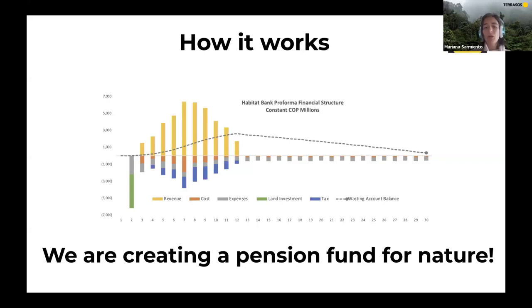In other words, it works very similar to your pension fund, right? So we all go to work, we get paid, and a percentage of our wage goes to our pension fund. It's the same principle. So at the end of the day, what you're doing by buying a TEBU is creating a pension fund for nature. And that's the invitation today.